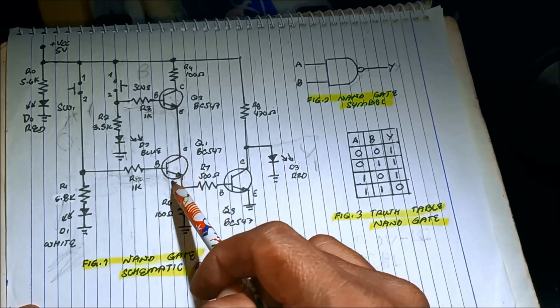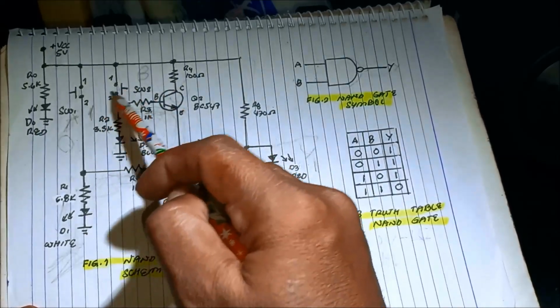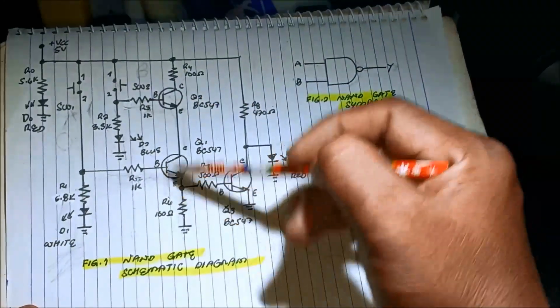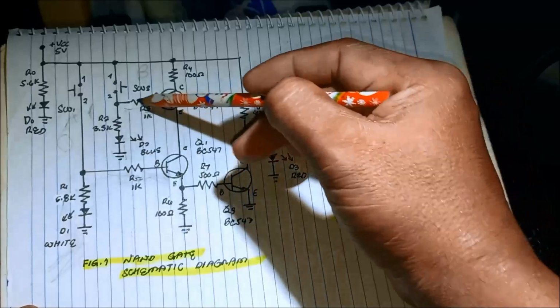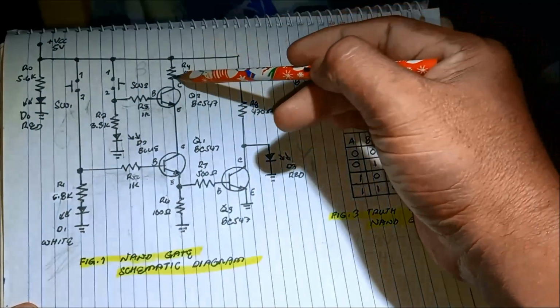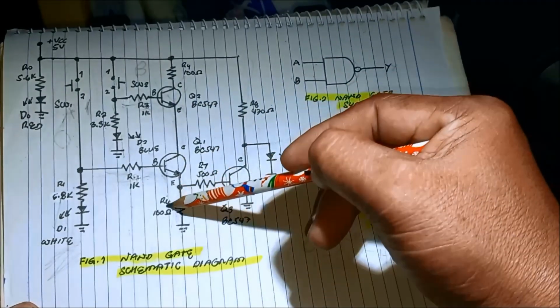So transistor 1 is on, and transistor 2 is also on. Current now flows into the 100 ohms, collector to emitter, and then to the R6 resistor.